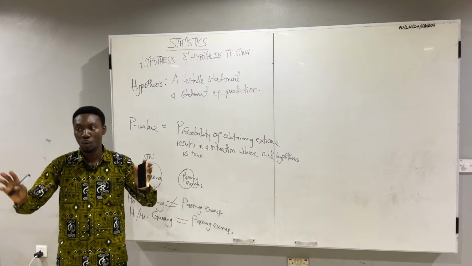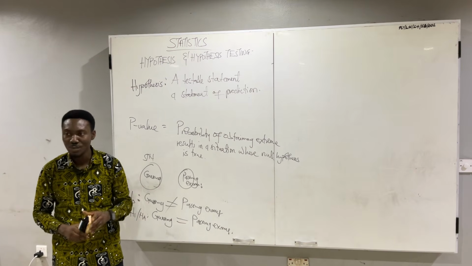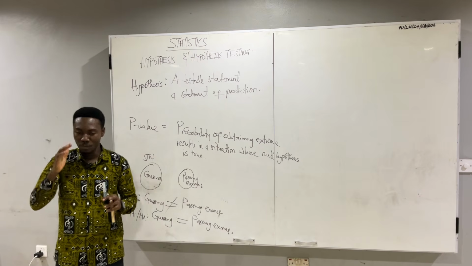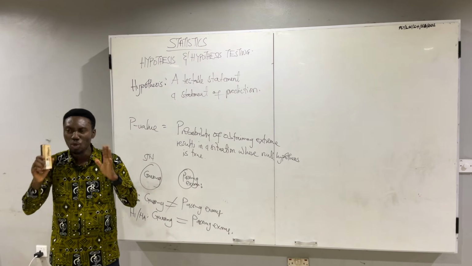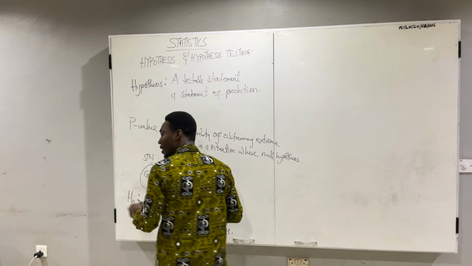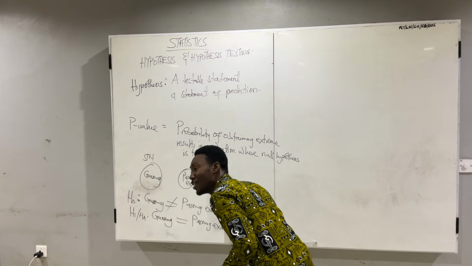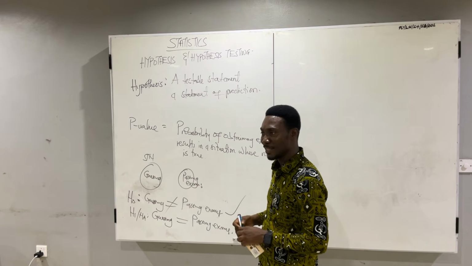Naturally, the answer is no. There is no relationship between guessing and passing exams, because in writing an exam, for you to pass, you should know. So all it means is that the null hypothesis is true. So there is no relationship.